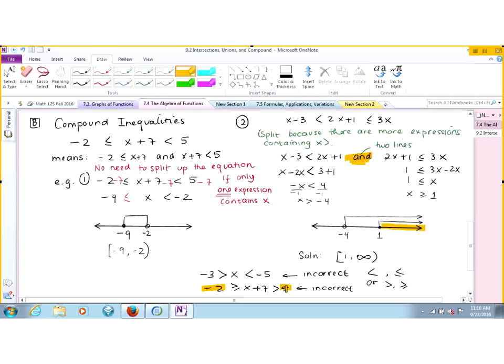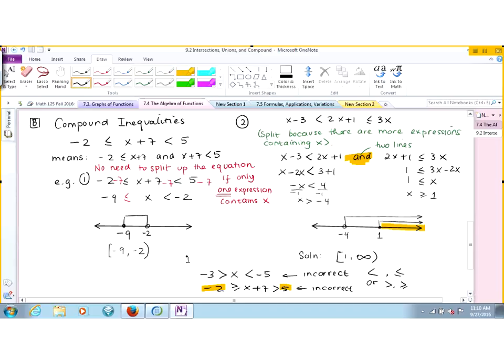So that's why it is incorrect. Does that make sense? Okay, so pay attention to this. I do not want to see mixed signs in compound inequalities, so they all have to go to the same direction. It doesn't matter if one is less than or greater than or equal to, but one cannot point this way and the other point the other way. So it has to be the same direction.